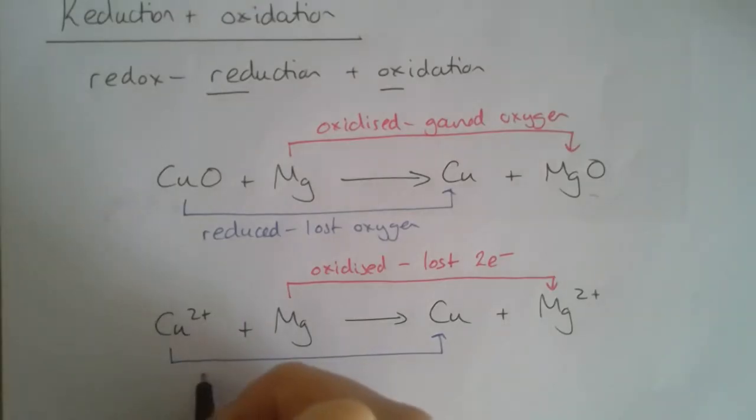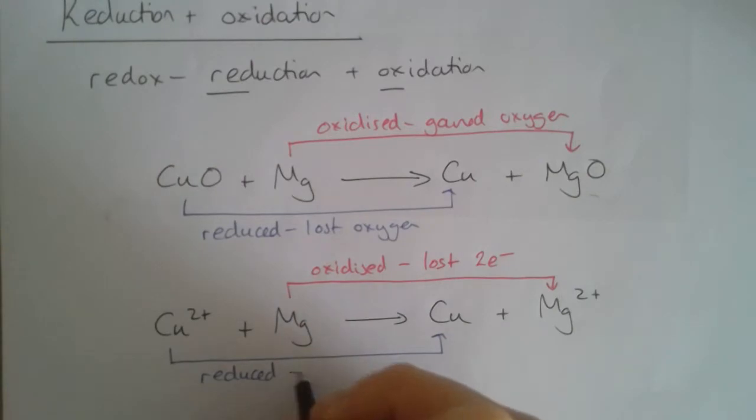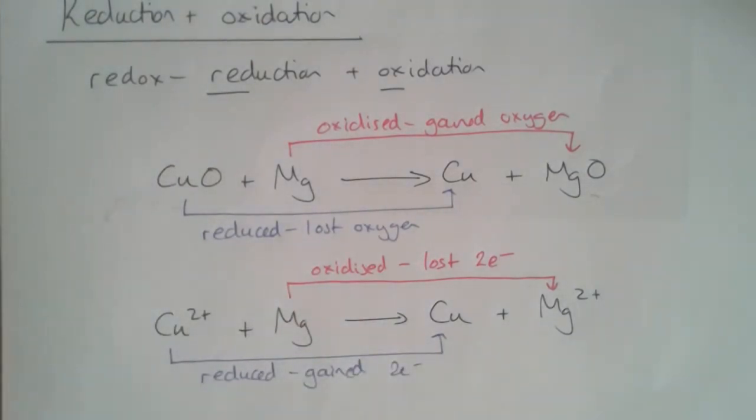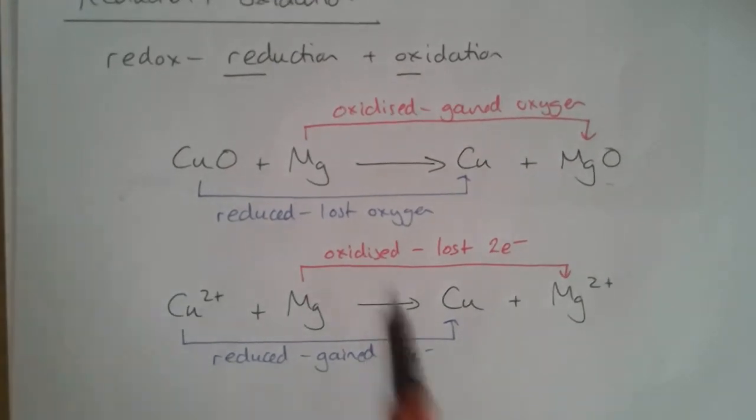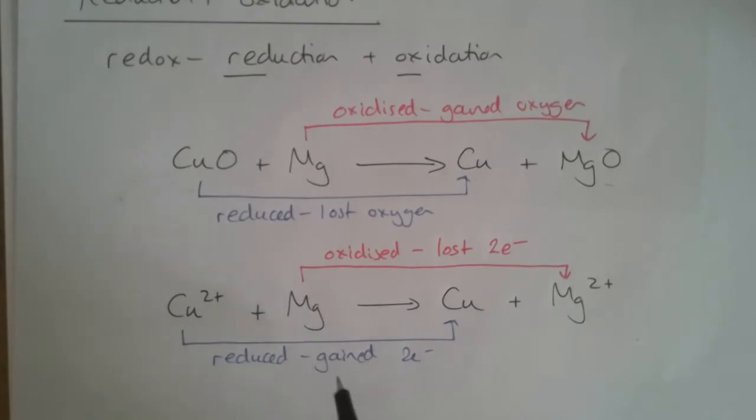Copper has been reduced because to go from 2+ to 0, it's got to have gained 2 electrons. Remember, it's a little bit the opposite of the way we would think, because something that's gaining electrons goes from a positive charge to a neutral charge, and that's because the thing being gained is a negative charge, an electron.